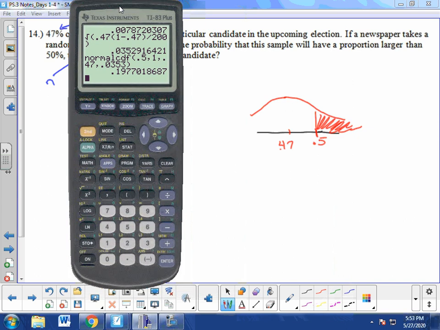So if I find this value, I would have approximately a 19.77% chance that my sample would actually predict the wrong candidate winning. This actually happened frequently when you look back to the last presidential election. Almost every sample that was taken had Hillary Clinton winning the election.